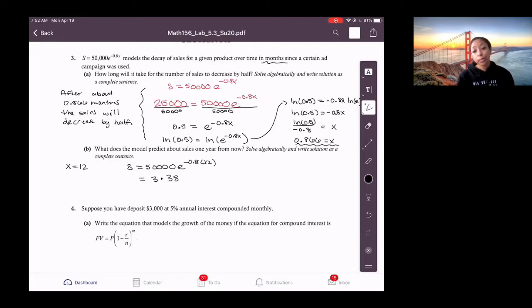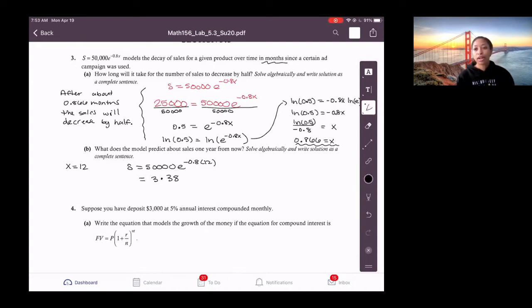Now, for interpreting this, we're not really given information about the nature of the sales, what kind of products we're selling. We're just told that you input the number of months and its function outputs the number of sales for the company. So usually you can't sell half of something. Sometimes you can, sometimes you can't. We can leave the answer as 3.38 and say the sales are 3.38.